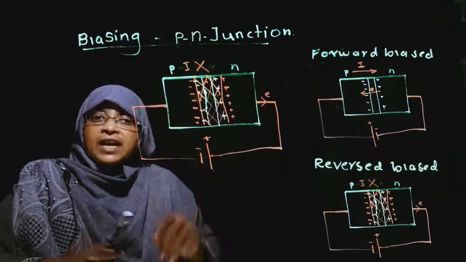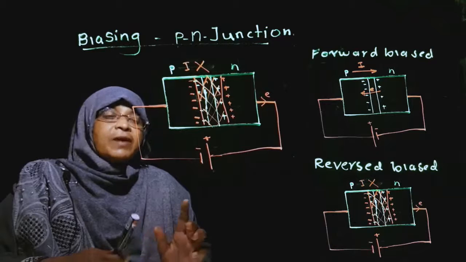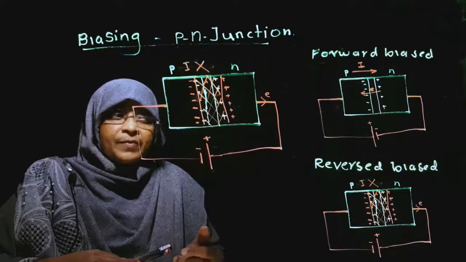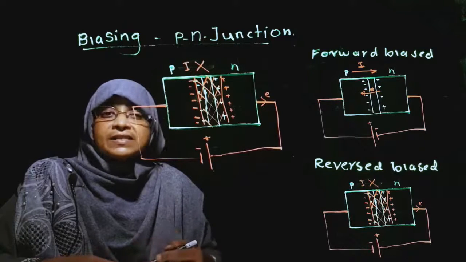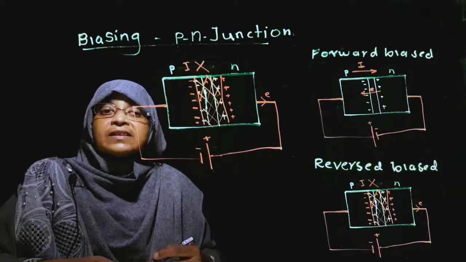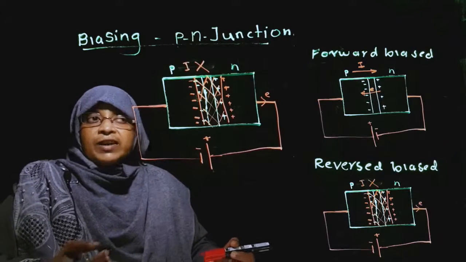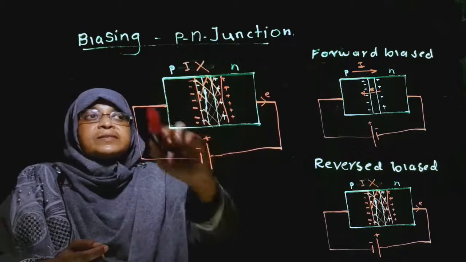So we know when this PN junction is connected forward biased, we can make a current flow, and in the reverse bias, the current does not flow. Okay, next, how can we use this PN junction? A PN junction allows the current to flow in one direction.